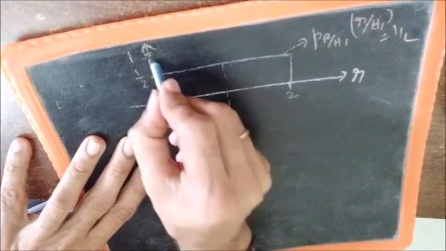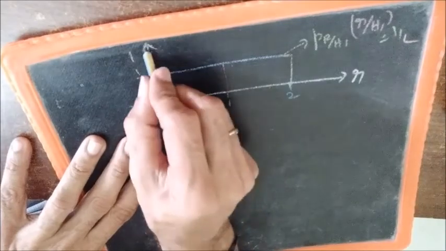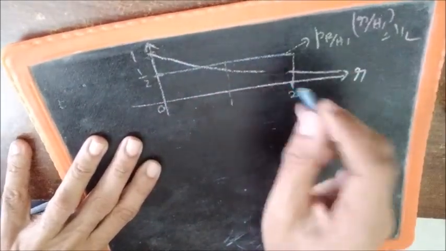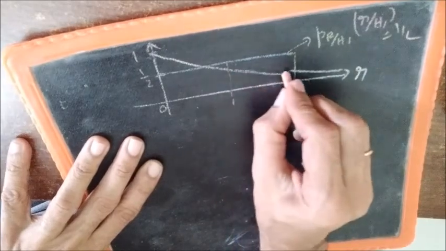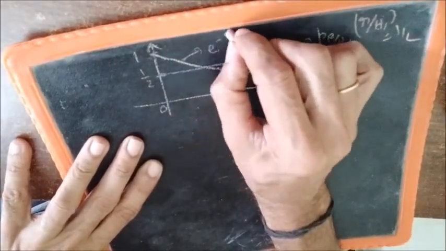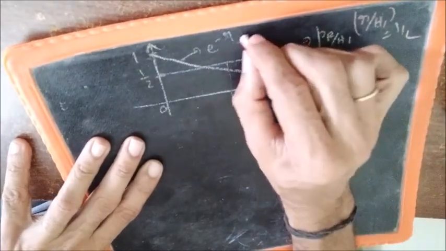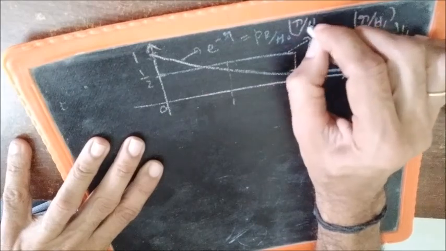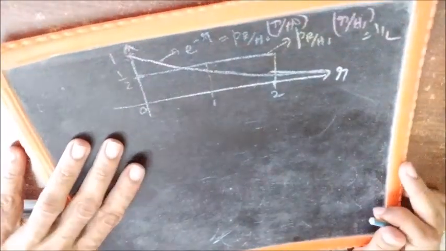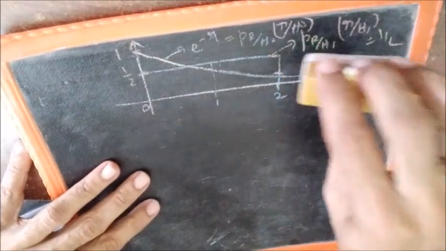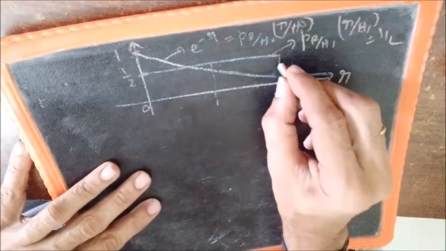So just to draw it as realistically as possible, something like this. It will be an exponentially decaying function, e raised to minus r, that is our p(r|H0). So this is how the two density functions look.